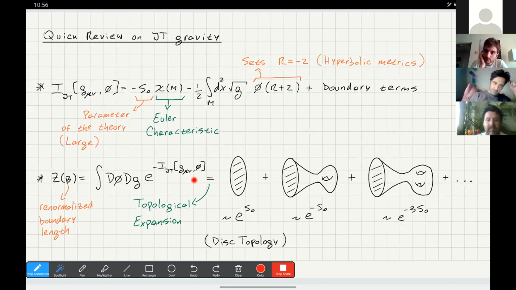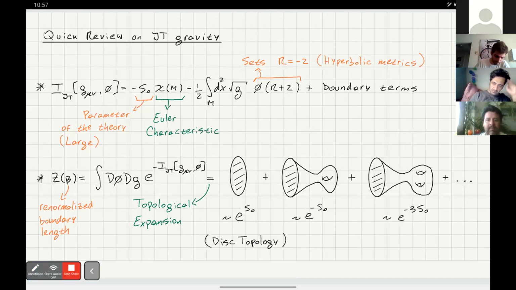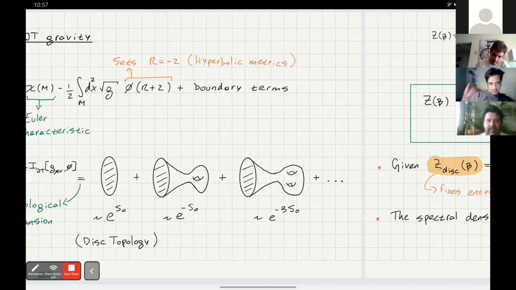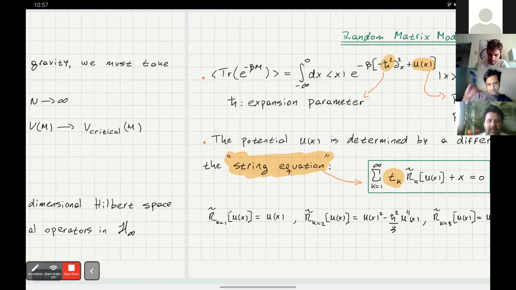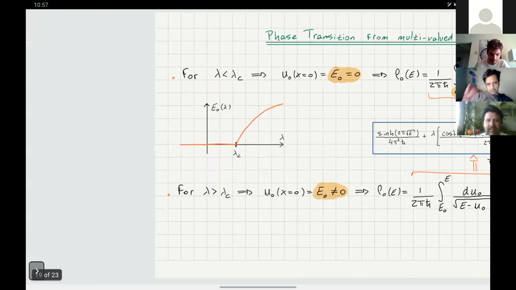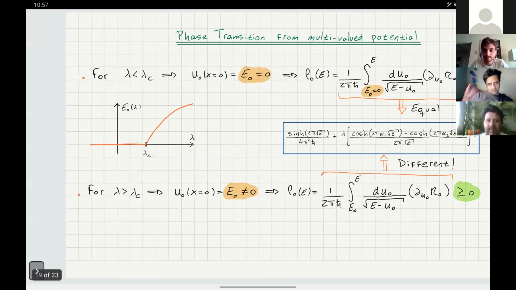Hey, so thanks for the talk. Maybe you said it at the end and I missed it, but is there a gravitational interpretation of the phase transition? I mean, what happens with it? Is there an intuitive way to think about it? And if so, is there any way to think about whether it might happen or not in higher dimensions?